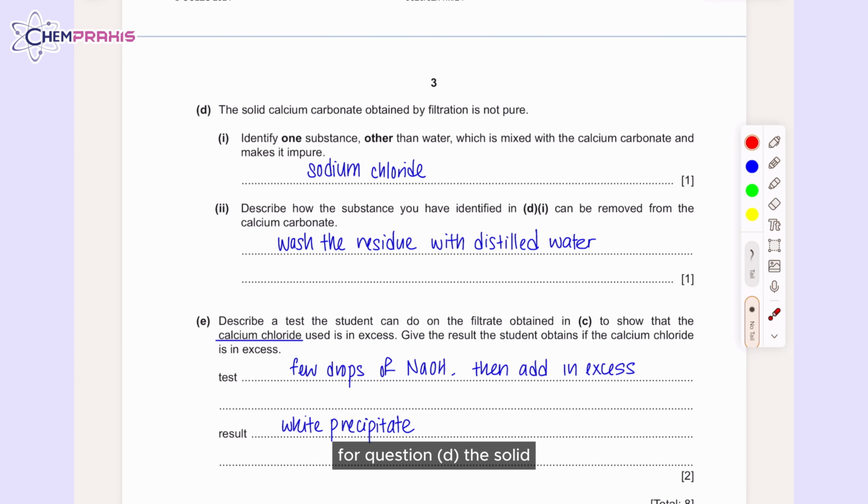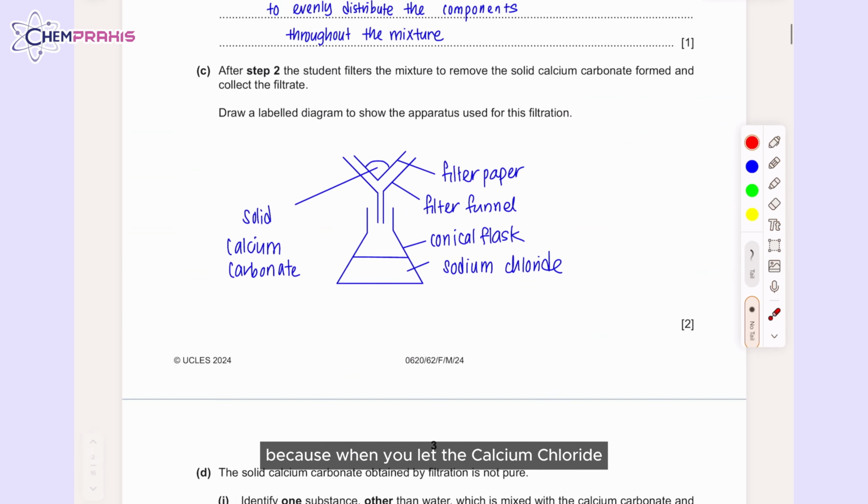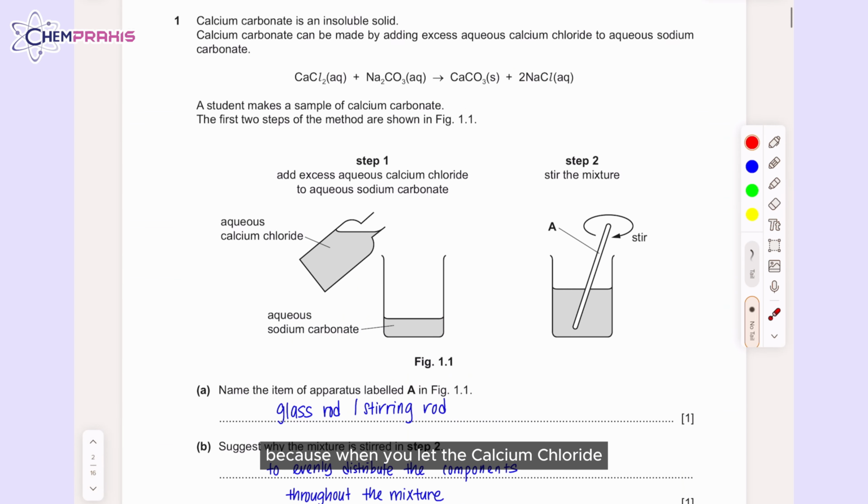For question D, the solid calcium carbonate obtained by filtration is not pure. Identify one substance other than water which is mixed with the calcium carbonate and makes it impure. It is the sodium chloride, because when you let the calcium chloride react with sodium carbonate, they will form calcium carbonate and sodium chloride.